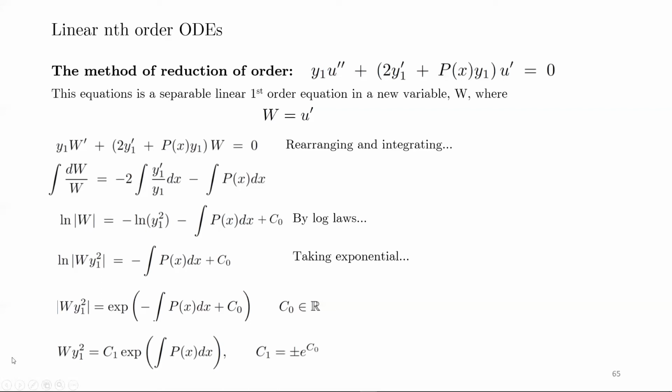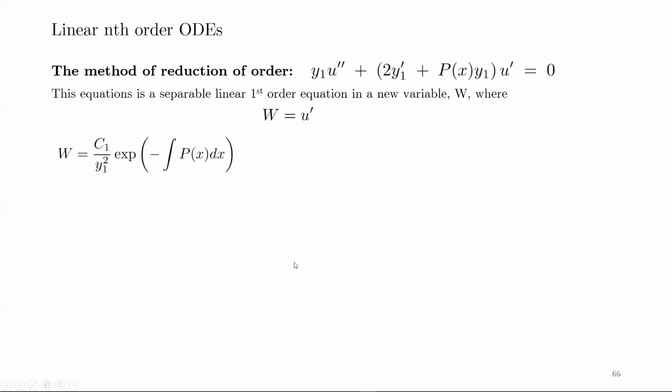Okay, so w times y1 squared equals C1 times the exponential of this integral of this function p of x. I can divide through by y1 squared to get the solution in terms of w. Okay, so w equals some constant C1 over y1 squared times this exponential.